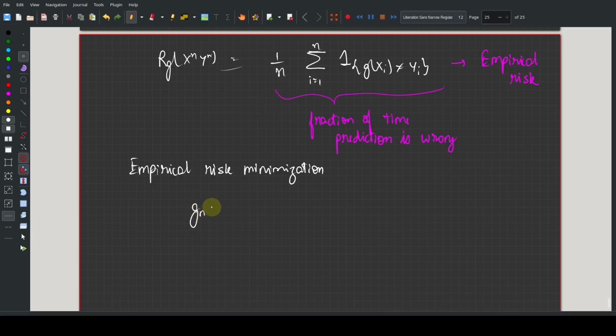I'll call this Gn, which is the argmin over all G taken over some class of functions script G, of the empirical risk.